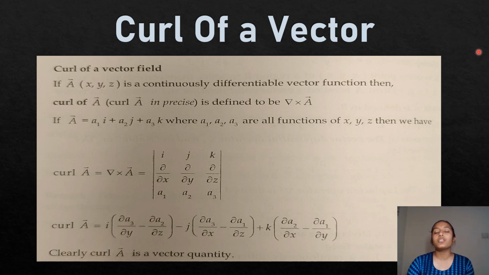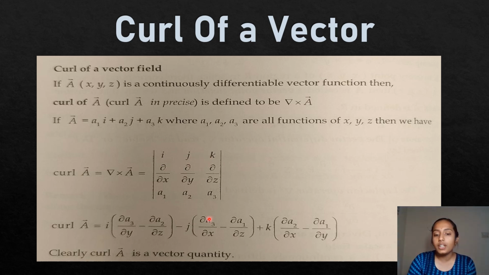When we solve this determinant, we get i times the partial derivative of A3 with respect to y minus the partial derivative of A2 with respect to z, and so on, with the determinant signs being plus, minus and plus for i, j, k respectively.